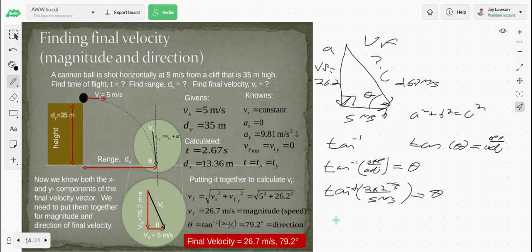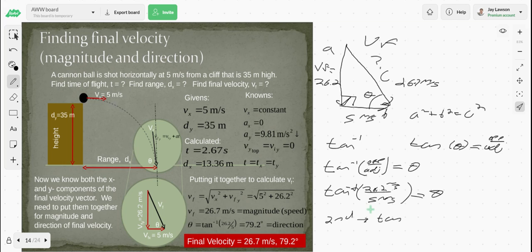So how's this going to look in your calculator? If you're using a TI-84, which is what most of y'all have, hit the second button, you're going to hit tan, and it should display the tan inverse function on the screen.